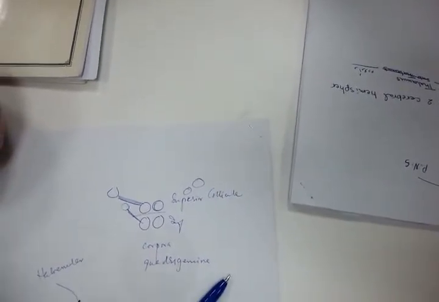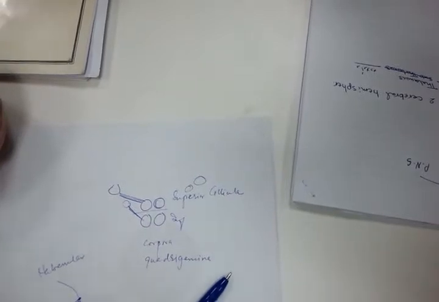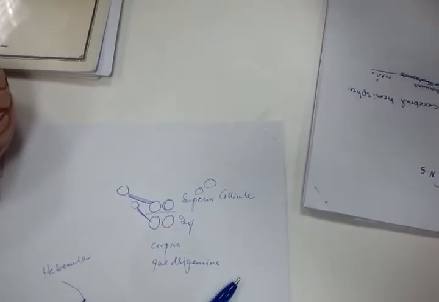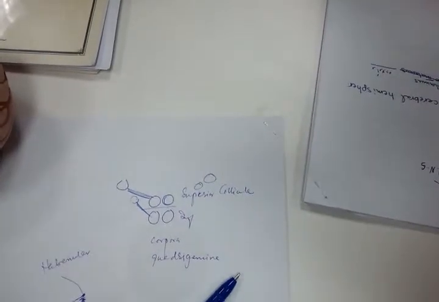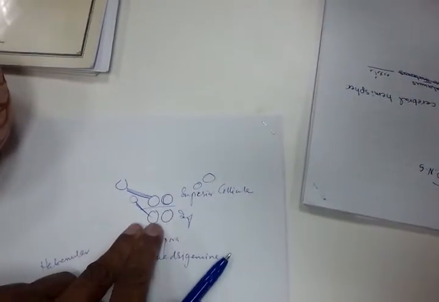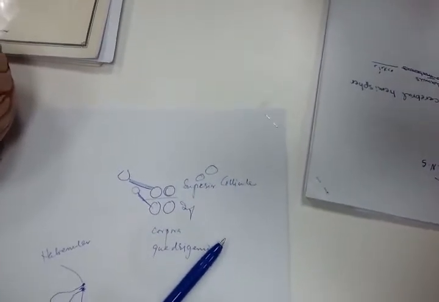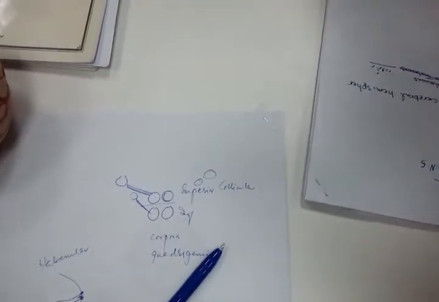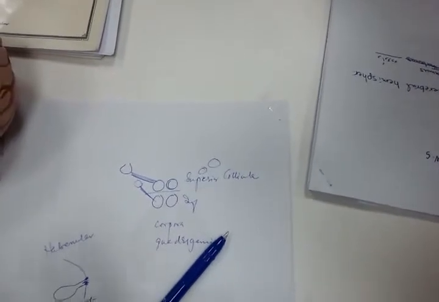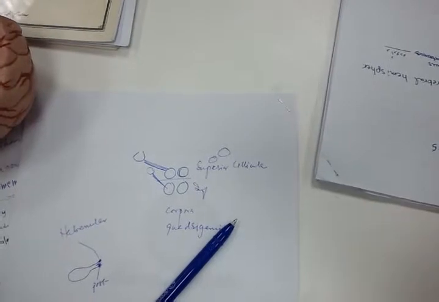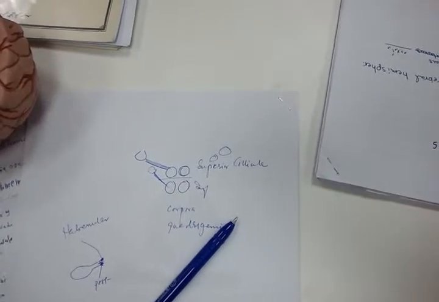So the superior colliculus is related with visual reflexes, all reflex movements in the body in response to vision. The inferior colliculi are related with reflex movements in response to hearing, all the involuntary movements suddenly taking place in response to hearing.